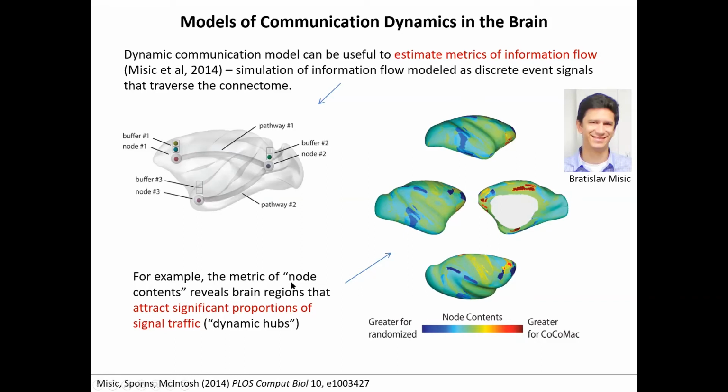And if we look at the predictions coming from a communication model such as this one implemented on the structural connectivity, there are associations between brain hubs that we know exist in structural connectivity and dynamic hubs which attract a significant proportion of signal traffic. When that happens, the signal traffic that gets attracted at these hubs can actually result in bottlenecks where communication can slow because of overburdening of these nodes with incoming and outgoing signals.